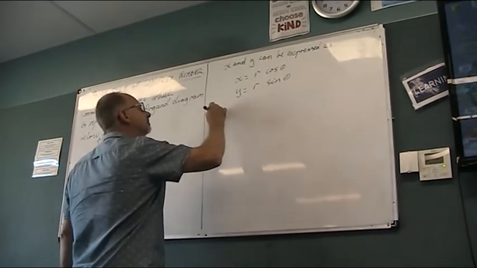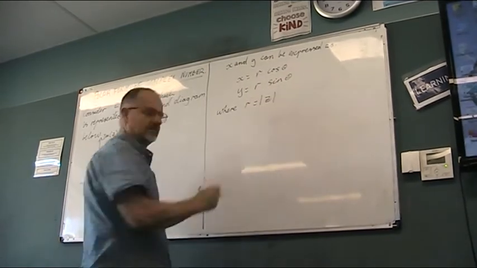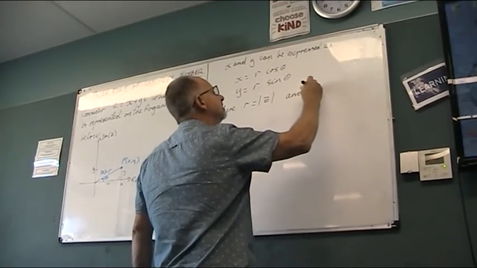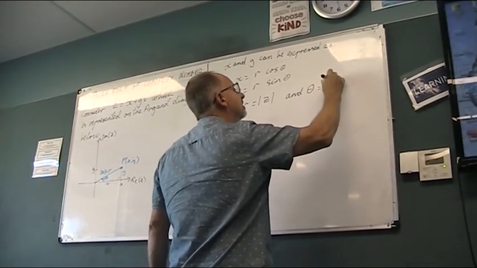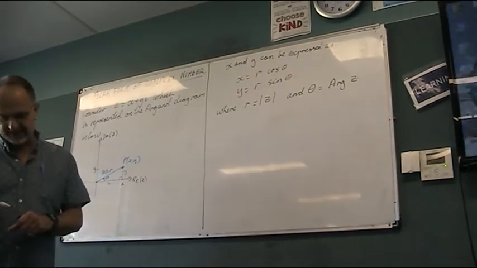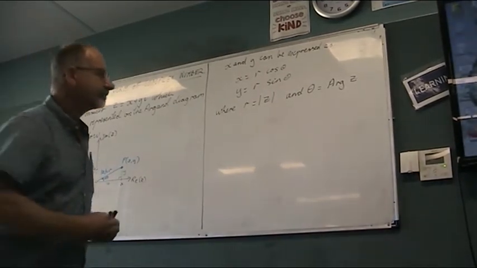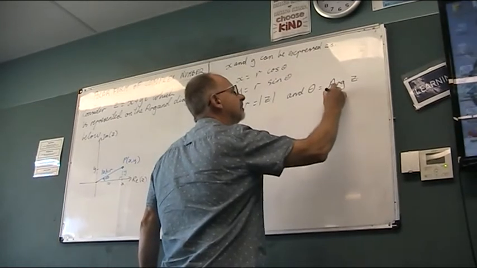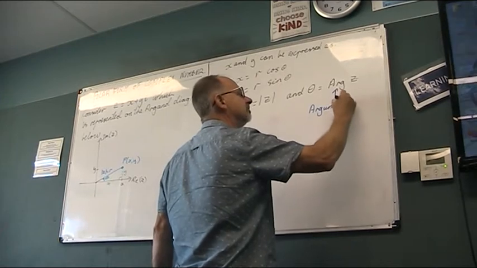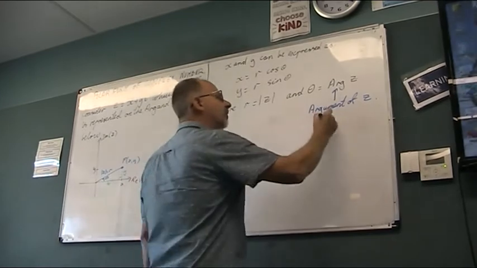where r is the modulus of z, and theta is what we refer to as arg z. Now that arg z is the argument of z, our complex number. And what is that?